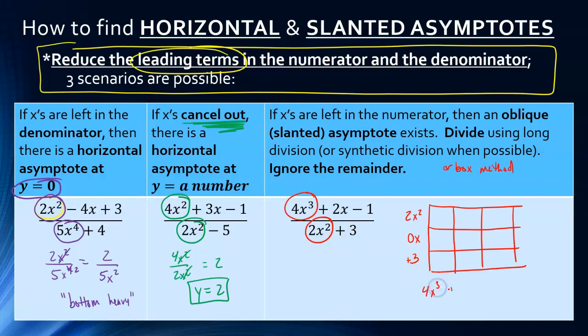And I'm just going to rewrite the 4x cubed plus 2x minus 1 down here. So if you remember the process, we take whatever this first term is and put it up here in this box. And we ask ourselves, what would I multiply 2x squared by to get 4x cubed? Well, that would just be 2x, because 2 times 2 is 4, and x times x squared would be x cubed. So we get 4x cubed there, so now we're going to fill this in.